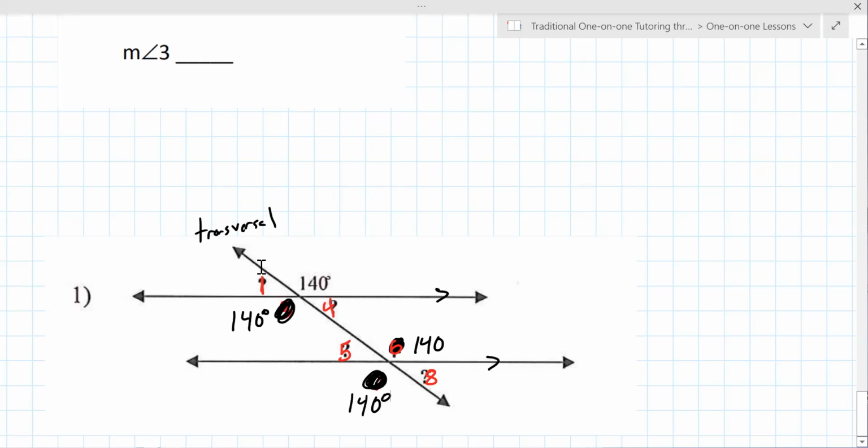Okay. Now let's figure out measure of angle 1 next. So measure of angle 1 and the 140 make a linear pair. That means they add up to 180. So the measure of angle 1 plus this 140 here make a linear pair. What would the measure of angle 1 be as a result of that?